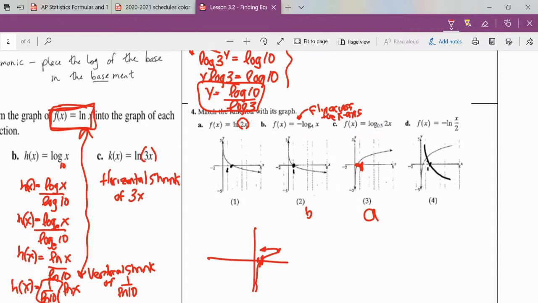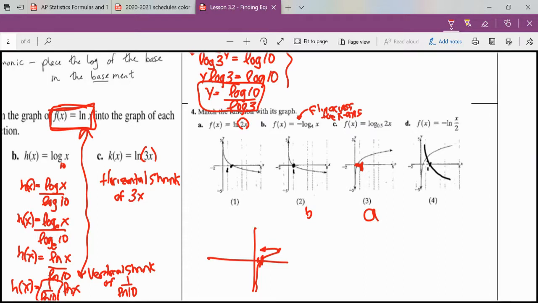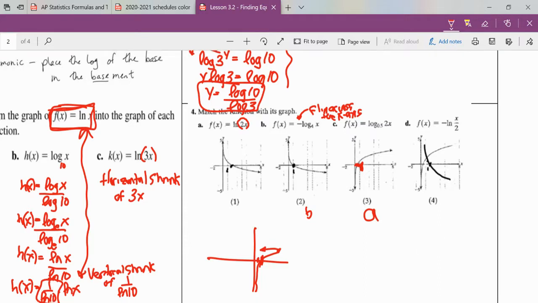Letter C, or maybe even letter D, might be a little bit easier because I see that negative out front. So if I'm doing some process of elimination, it's got to be one that starts at the top and goes down. The graph is supposed to be this darker one. If I'm flipping this one, that's a flip across the x-axis, and then this is inside.